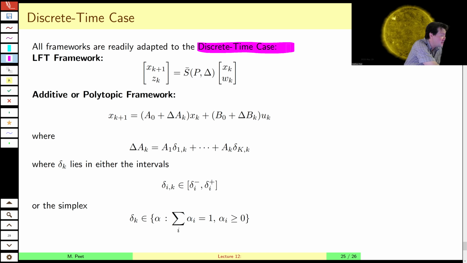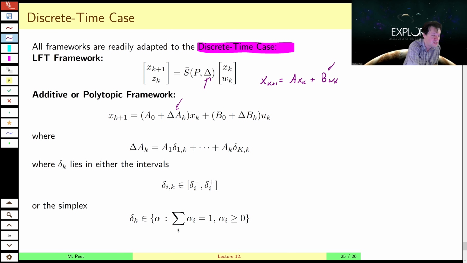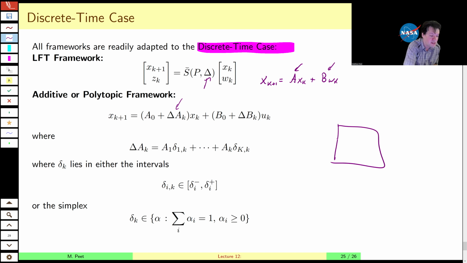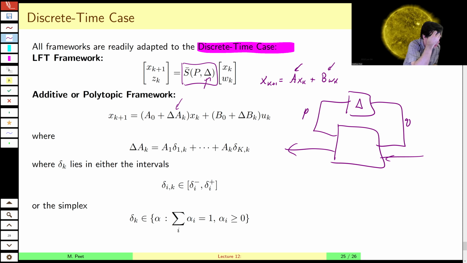Specifically, if you have uncertainty, and this is the parametric case, in your discrete time dynamics, x_{k+1} = A x_k + B w_k, and you can represent this as an LFT, then you can apply the same steps that we went through for the continuous time to the discrete time case, using this fractional transformation for the closed loop representation of the system. So those results apply.